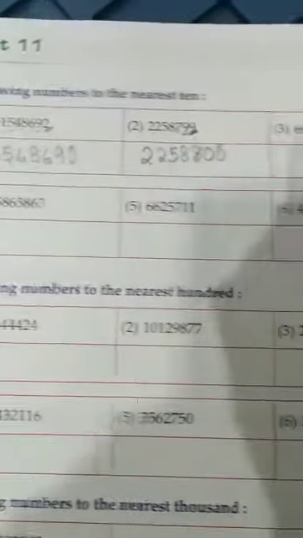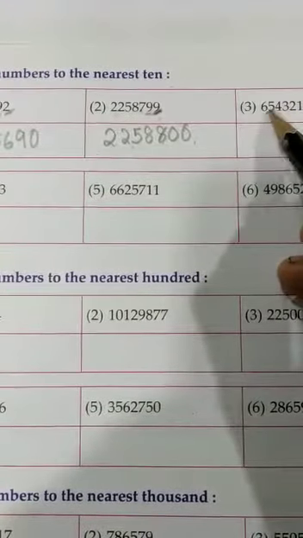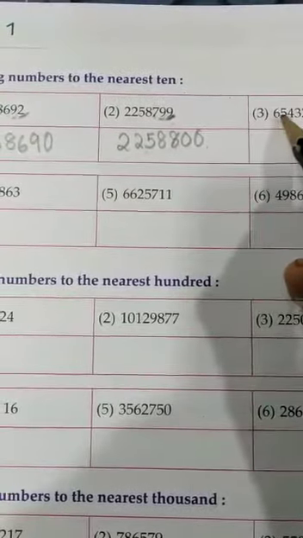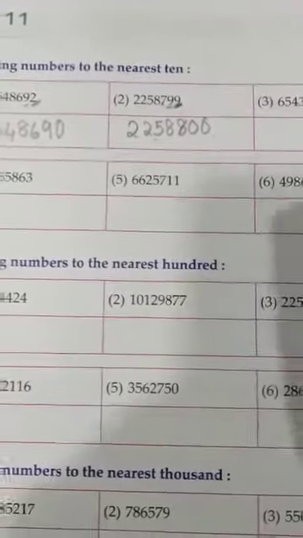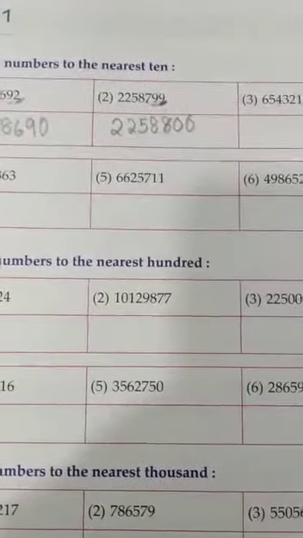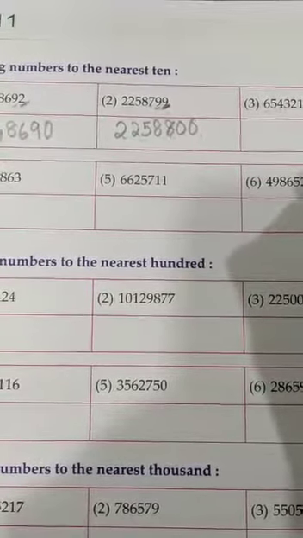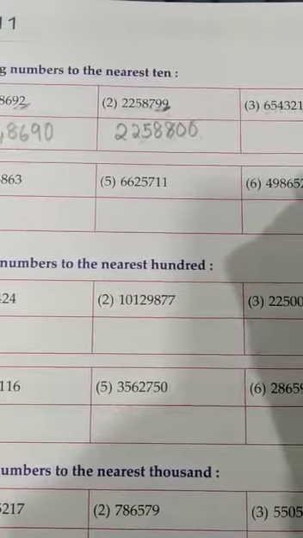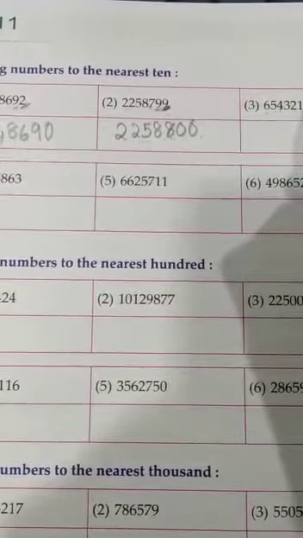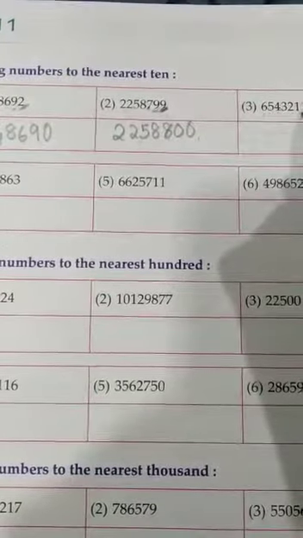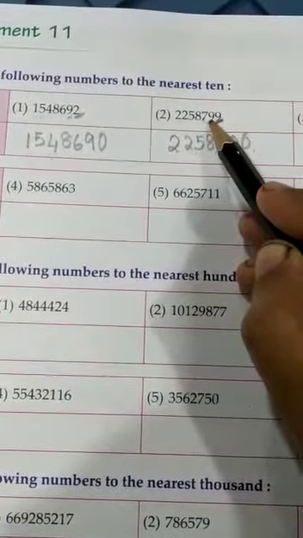Here the number is 6 crore 54 lakh 32,119. Here also you have to consider the ones place. It is 9, more than 5, so it will change the tens place number. Here the tens place is 1, so that will change to 2. But in the previous number the tens place was a big number, that is 9.